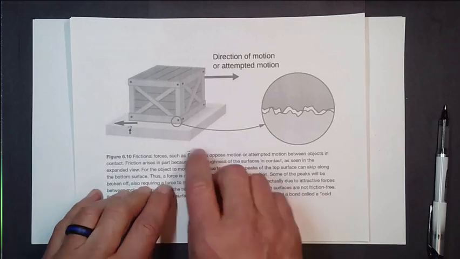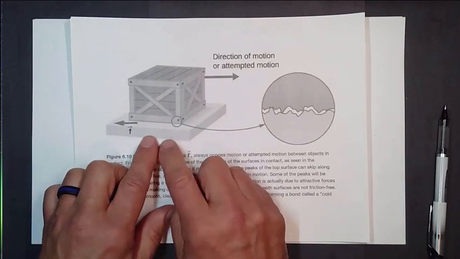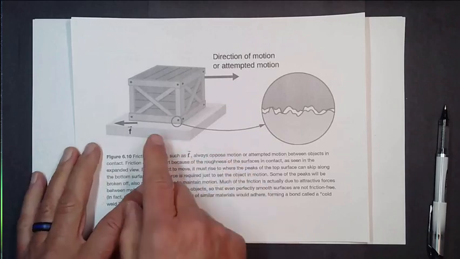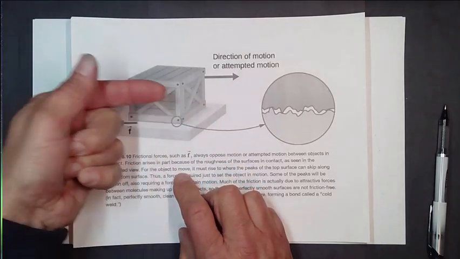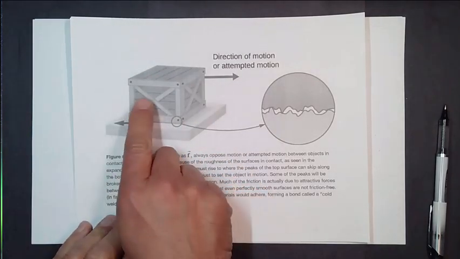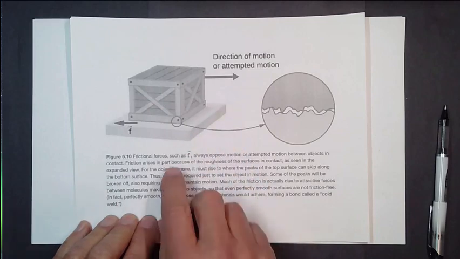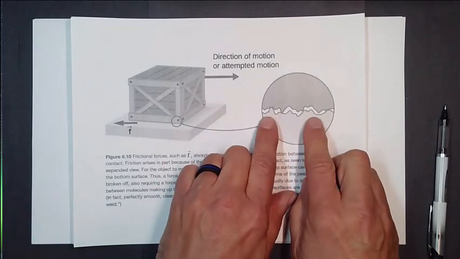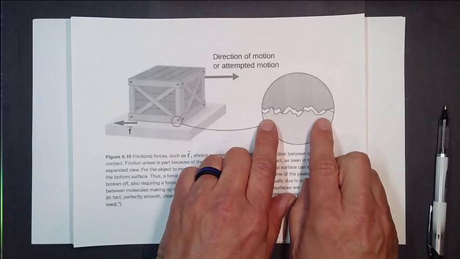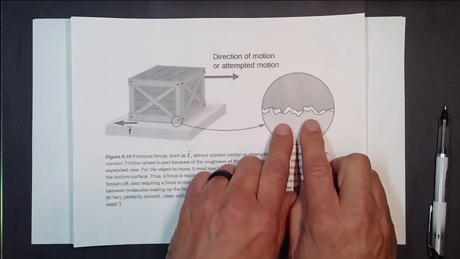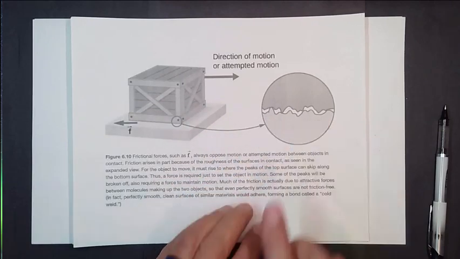It's got a crate sitting on top of some sort of surface, and maybe you're pushing or pulling on this crate to try to move it to the right. If you look at a very blown up view of the bottom of the crate and the top of the surface, you'll see something like this.